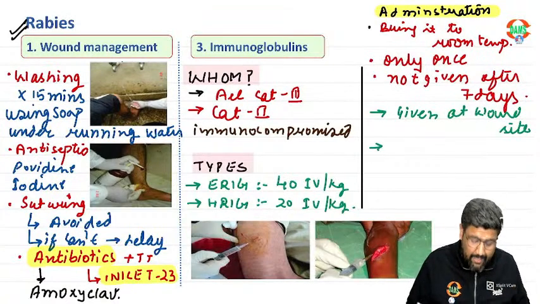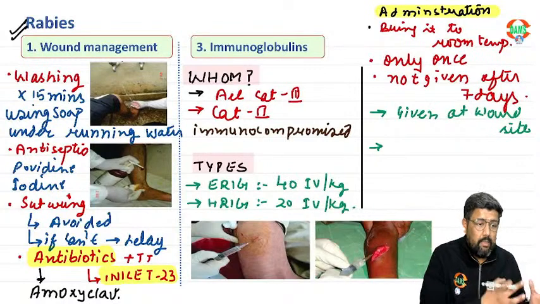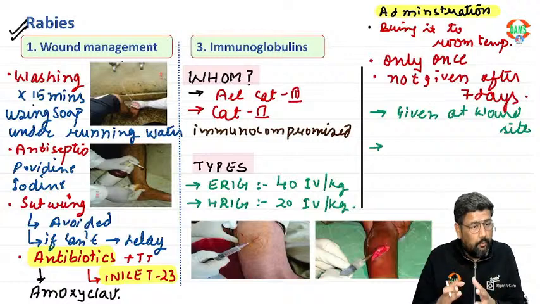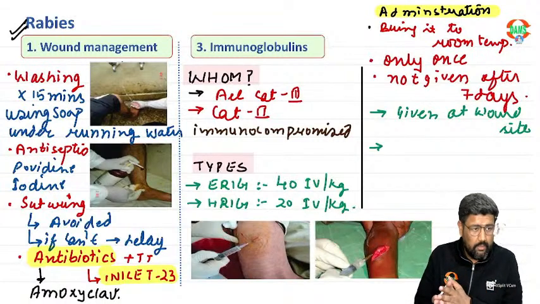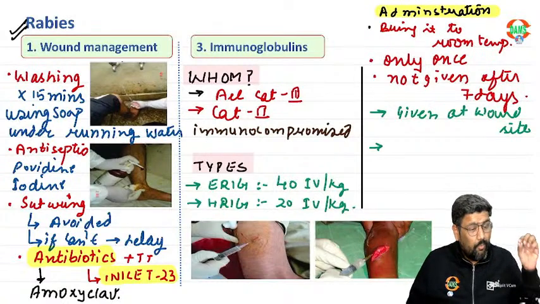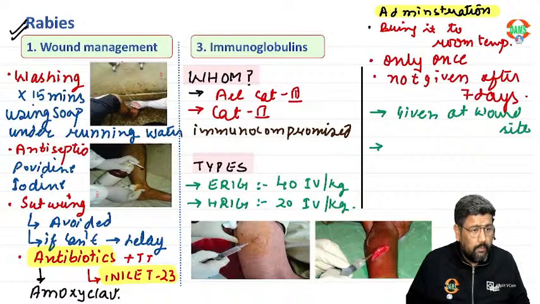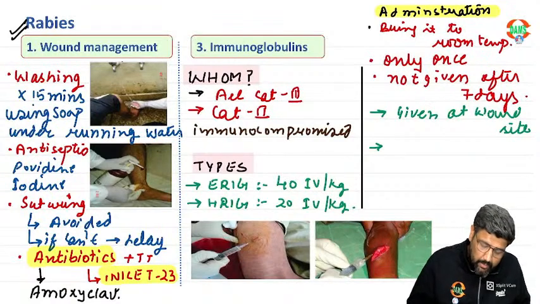Now, what if anatomically it is not possible? Suppose there is a 100 kg patient and I am going to give human immunoglobulins. I need 2000 international units, and there is only a small bite in the toe. So anatomically not possible.